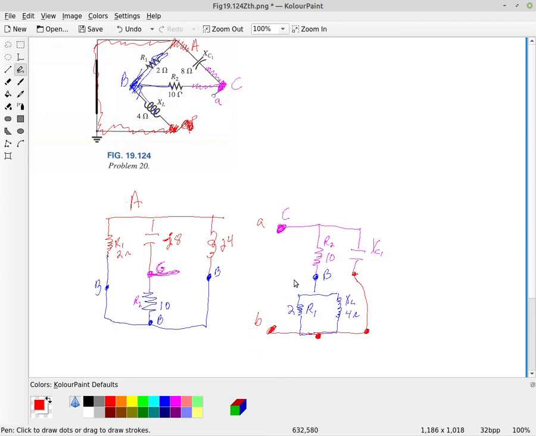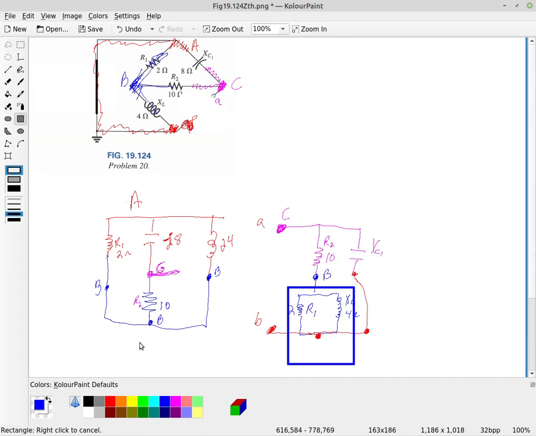Looking here, we can clearly see that this blue section, these two guys are in parallel, and then they're in series with R2, which is then in parallel with the x of c. Again, you just have to redraw till you get something you can work with.